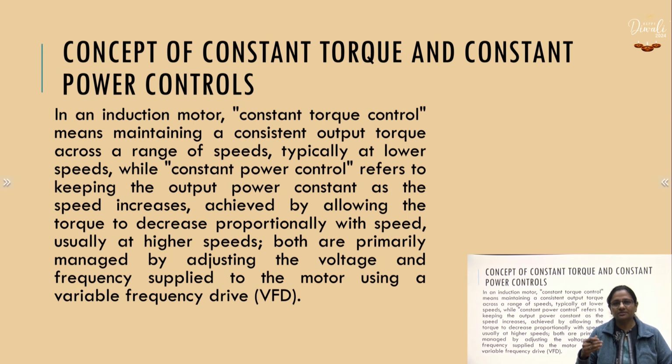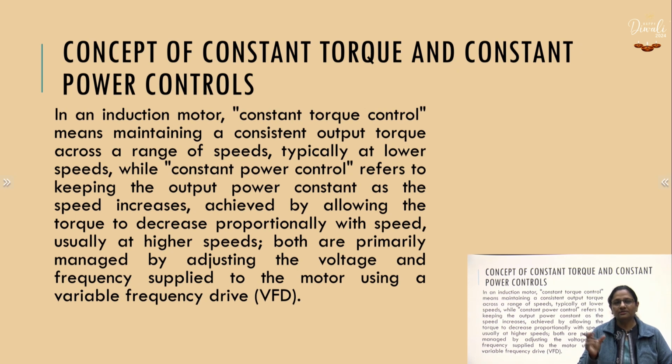Lower speeds means below the base speed, that is below the rated speed of the motor. The base speed is obtained when we are operating the motor at rated frequency. So below the point of rated frequency, the control obtained is constant torque control.